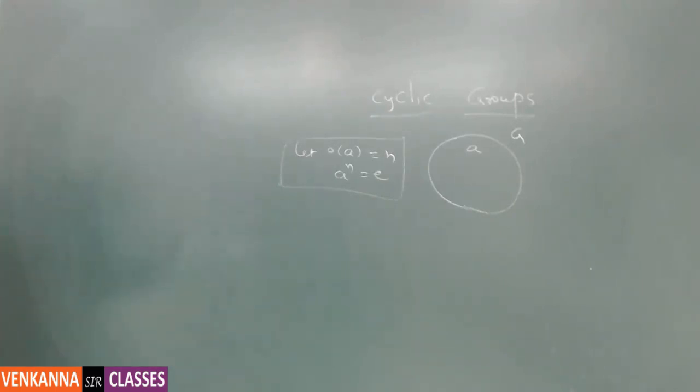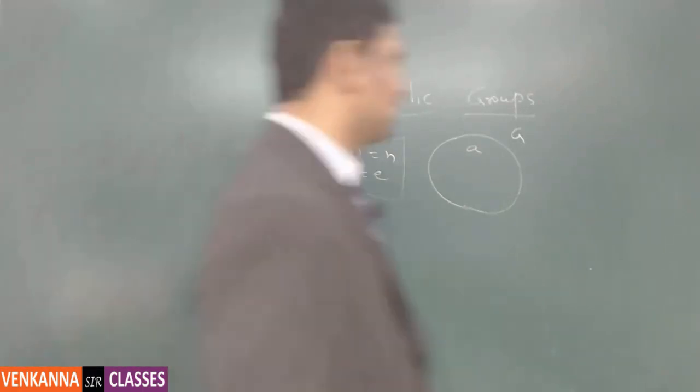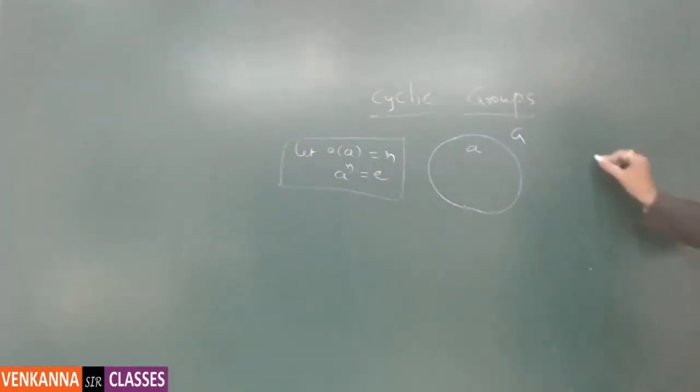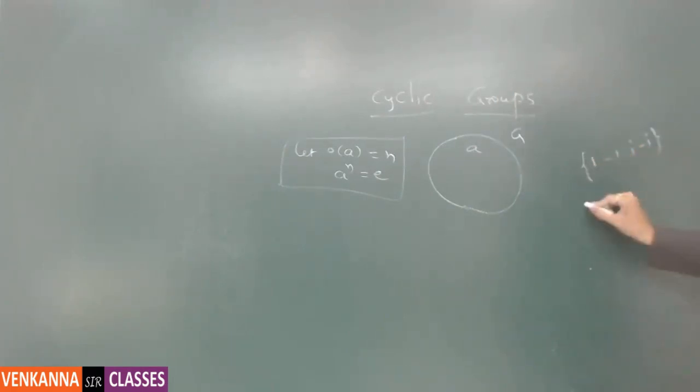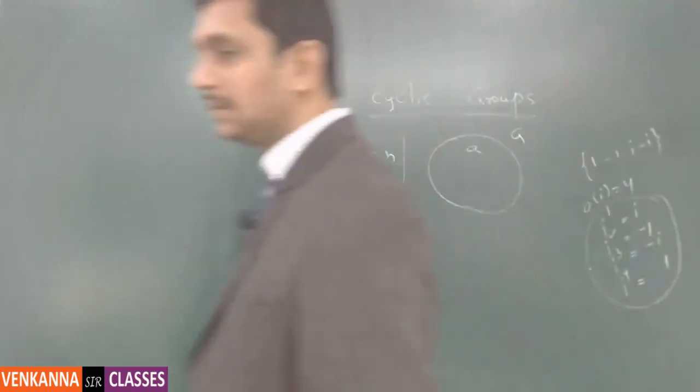So all the elements are distinct, because I will give a simple example. If you take the group 1, minus 1, i, minus i, here the order of i is equal to 4, because if you consider the powers i power 1, i square, i cube, i power 4: i power 1 is i, i square is minus 1, i cube is minus i, i power 4 is 1. See, all the elements are distinct. Accepted?